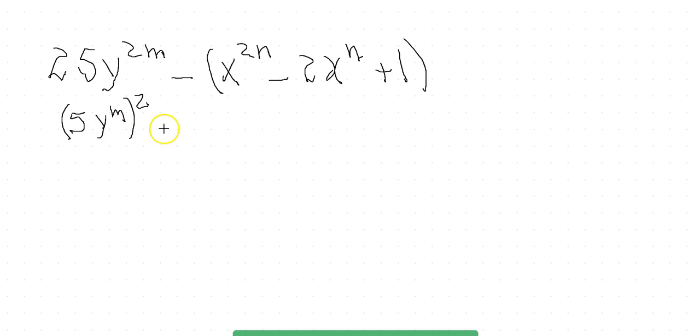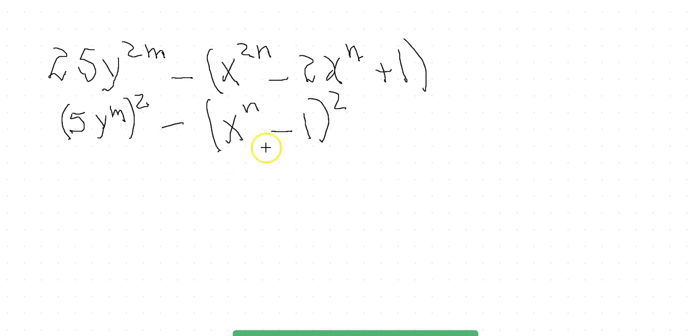What about this one? Minus. This is like x to the n, to the power of 2, right? And then 2x to the n, which means this can be like x to the power of n minus 1, to the power of 2.